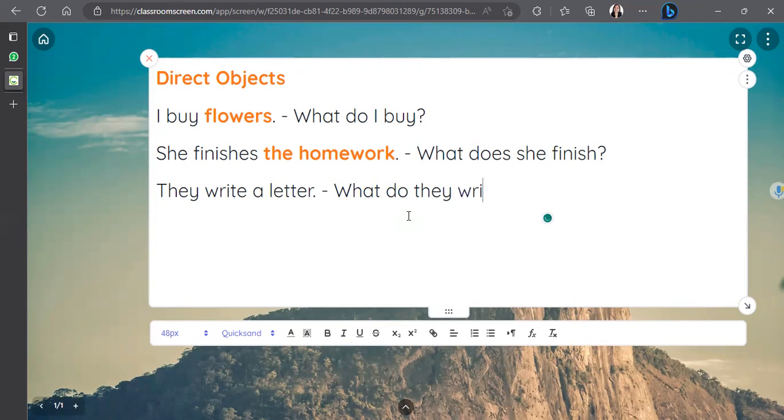What do they write? Okay, very good. So what is the answer? What do they write? They write a letter. So the letter is my direct object.